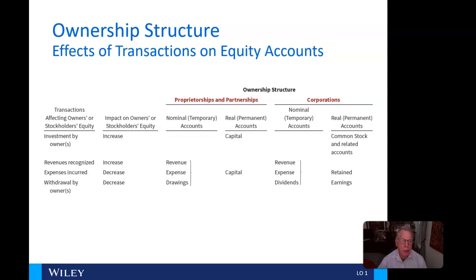Whereas in a corporation, we have retained earnings where we have revenues and expenses, and dividends is where our owners, the stockholders, subtract their earnings, as well as our common stock are in the equity or real accounts.